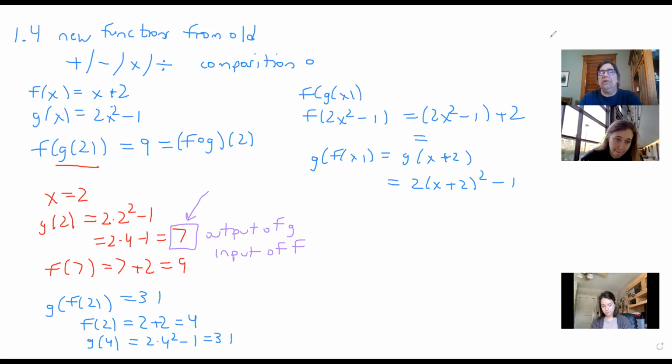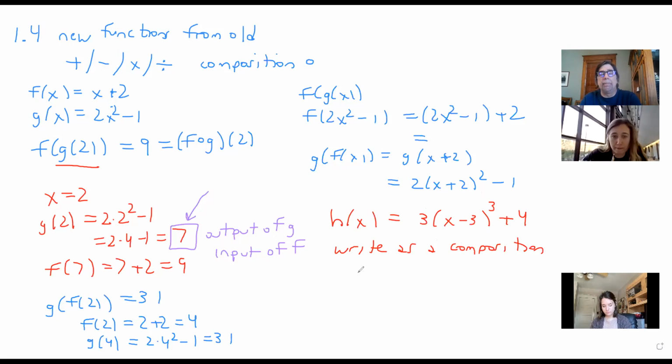So if I give you something that looks like this, something you do in calculus, and I say, write this as the composition of two functions such that h of x is equal to f of g of x.